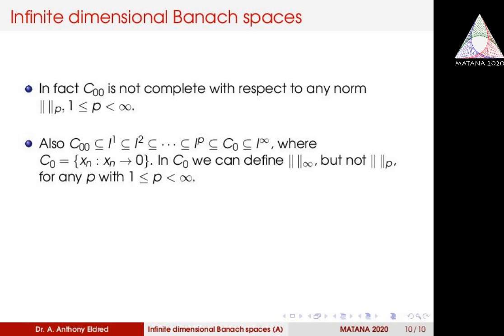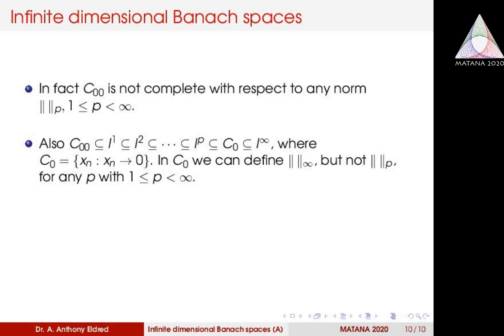Suppose we take L1. In L1 we can define either the one norm or any p norm. So if we just say L1, then without saying what norm it is, we just mean that L1 is defined with the one norm, and it is also possible to change the norm.